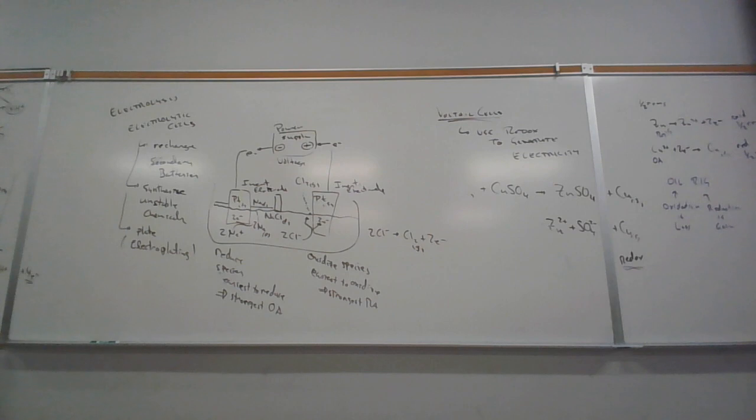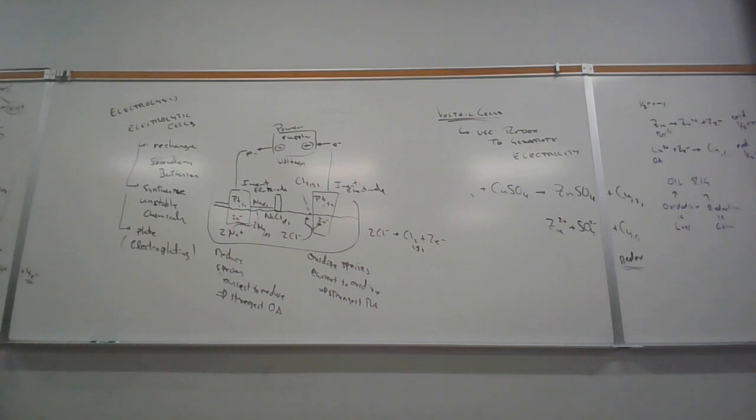This is not a favorable reaction. We can force this reaction to occur using a power supply. And the power supply, hopefully, will be photovoltaics in the future. But right now, it's not. So generating hydrogen is very expensive because we have to use electricity.